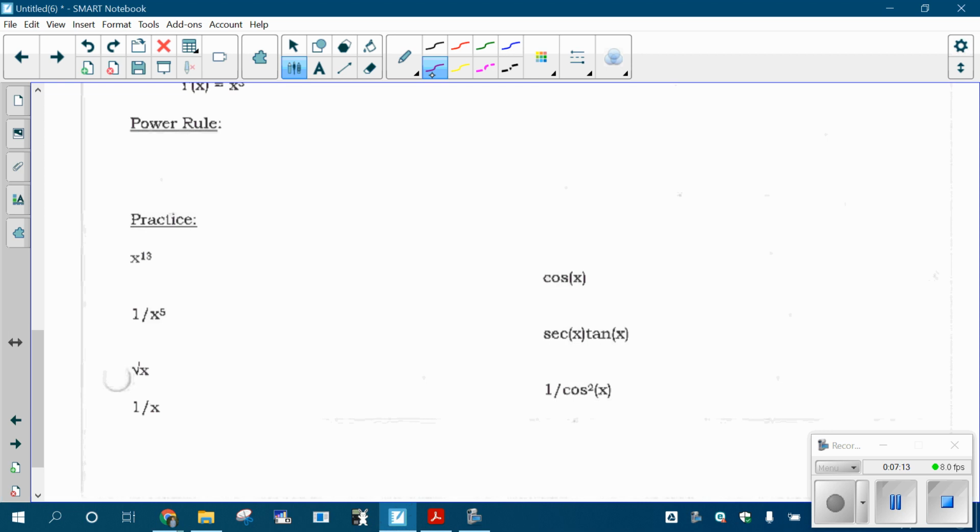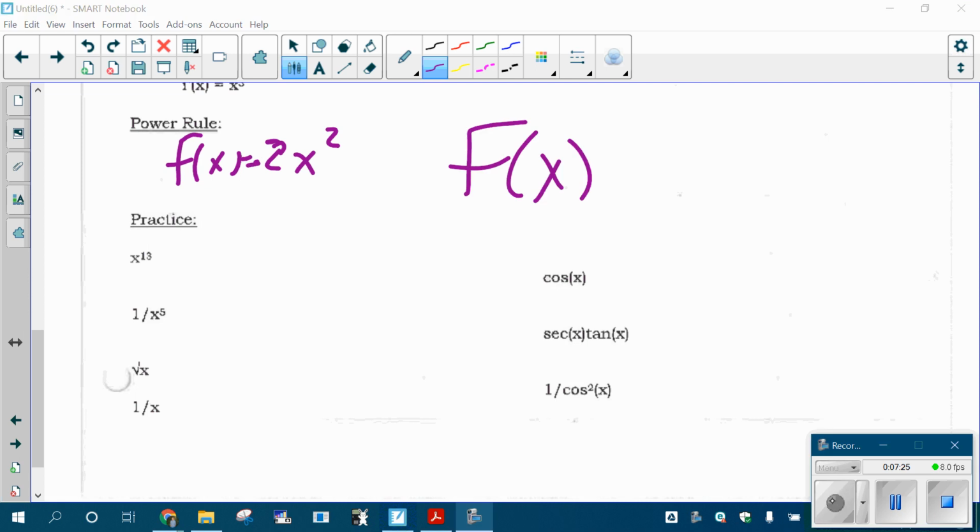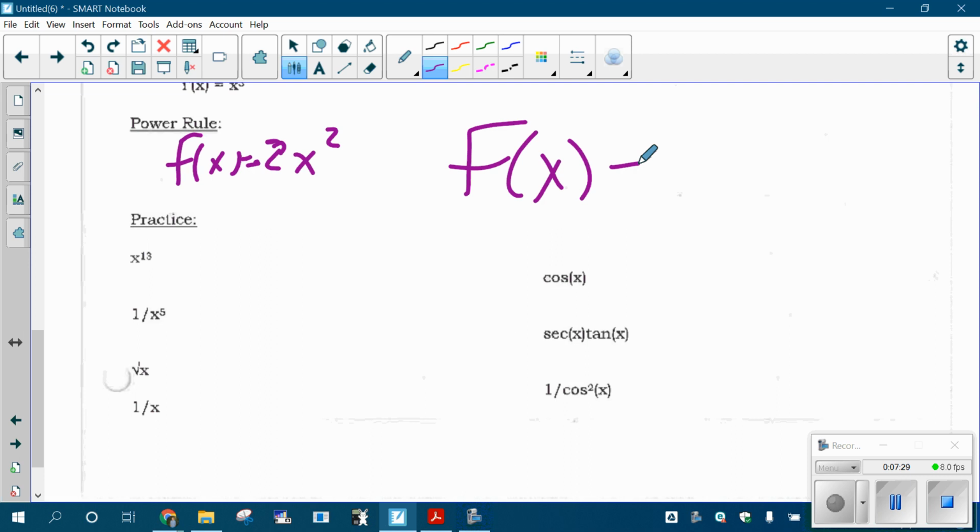Okay, let's do one together. Let's say my function was 2x squared. And I wanted to find the antiderivative, the family of functions that has a derivative of 2x squared. Well, if its derivative is squared, then the original must have been cubed. I know that.